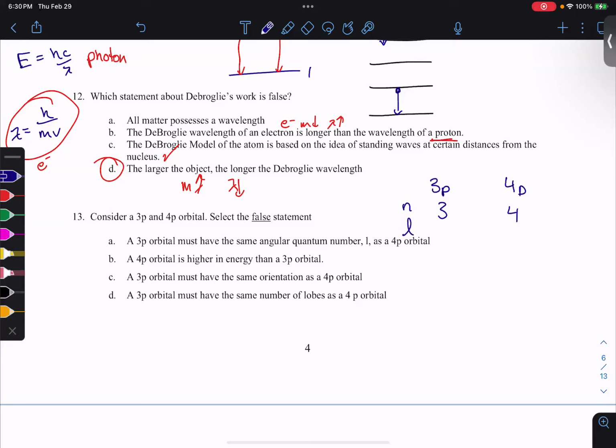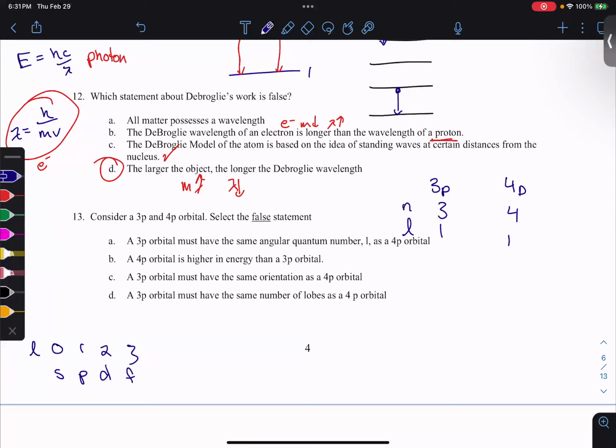What about L for each of these? 3p is 1, and 4p is also 1. Remember our L values, they have numbers, so 0, 1, 2, 3, etc. But these also relate to shapes. So 0 is our s, p, d, and then f.